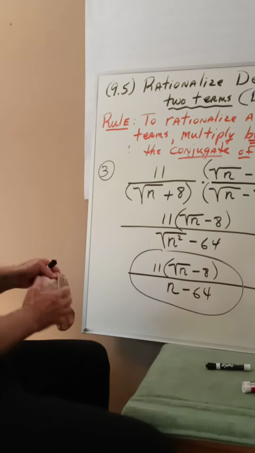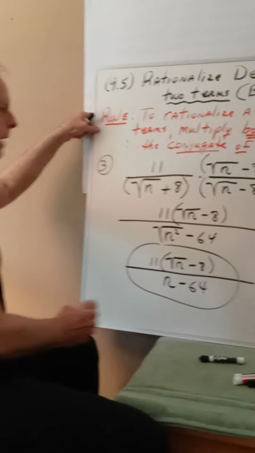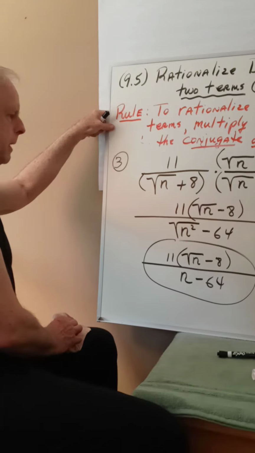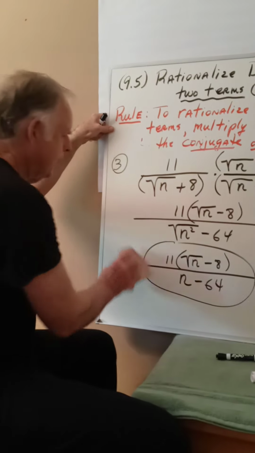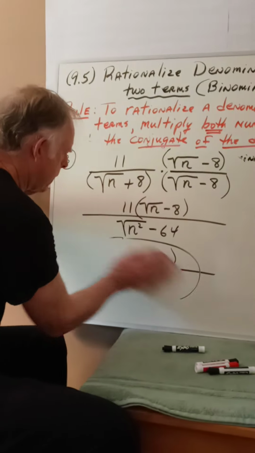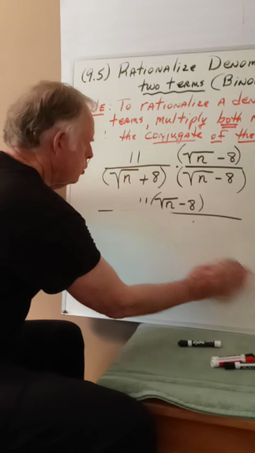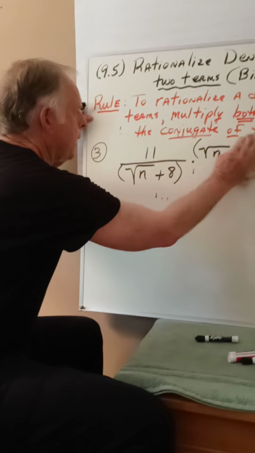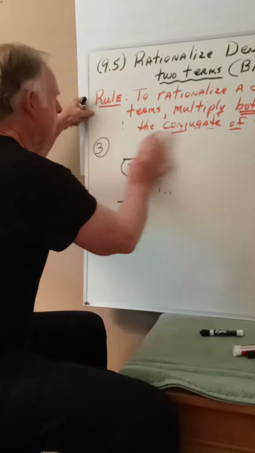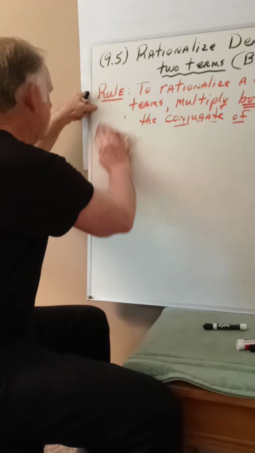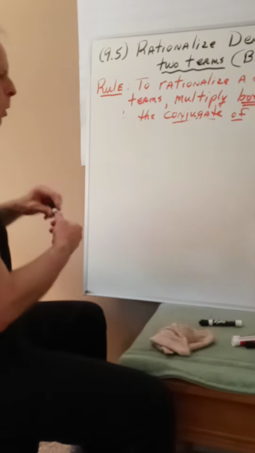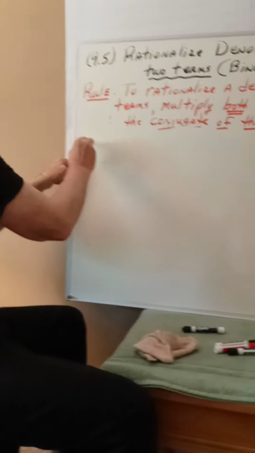But if I can just do number 4 right here before we call it, I think I can get by with just number 4, because number 4 is not a situation where you're going to have to rationalize any denominator. Let me copy the problem down and set into motion what I'm going after.